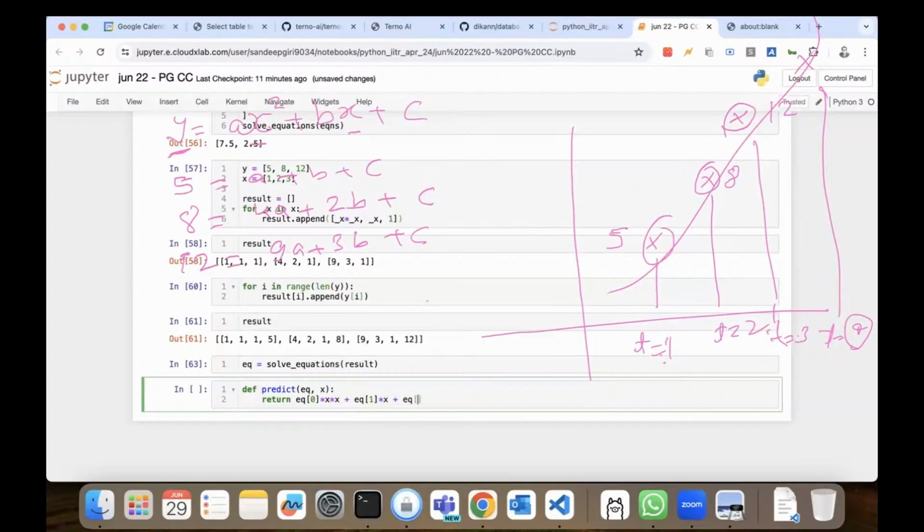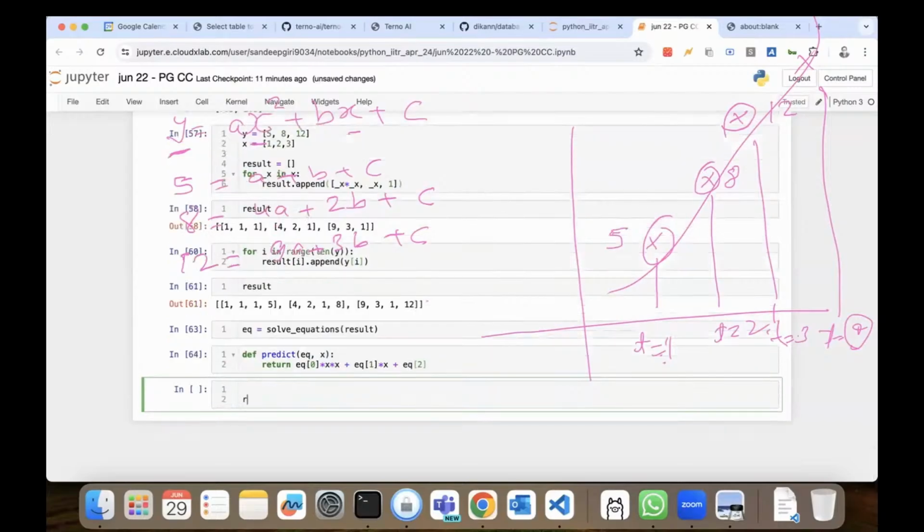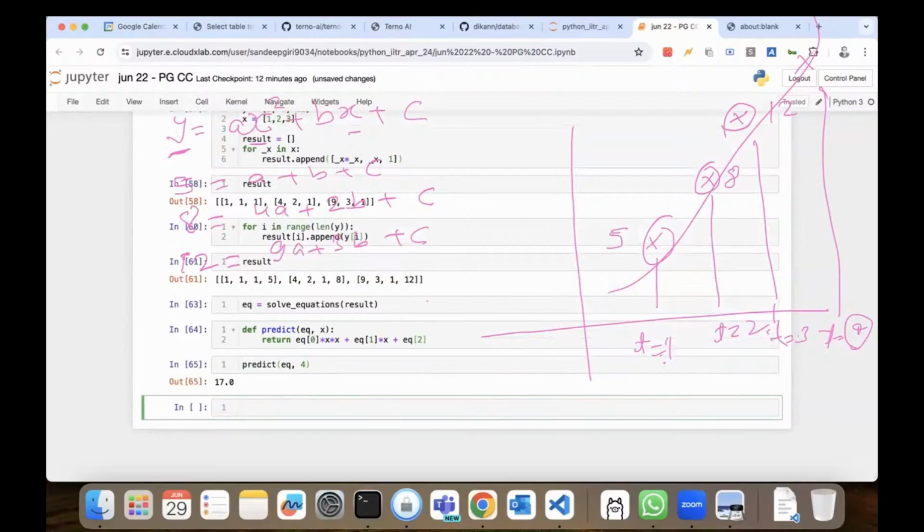Okay, all right, so now this can do any prediction of the load. Now I can just say equation and I'm passing, say, 4. The answer is, at t equals 4, it is saying the load will be 17.